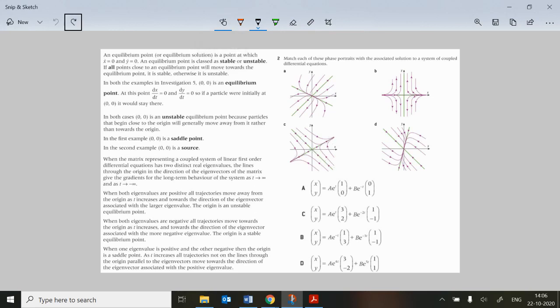In fact, this is unstable and it's also called a saddle point. It's called a saddle point because sometimes you go towards and sometimes you go away. Actually, I'm not quite sure how that relates to a saddle in terms of horse riding, but you can maybe think of that yourself.